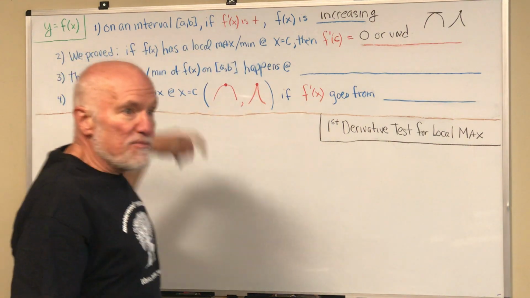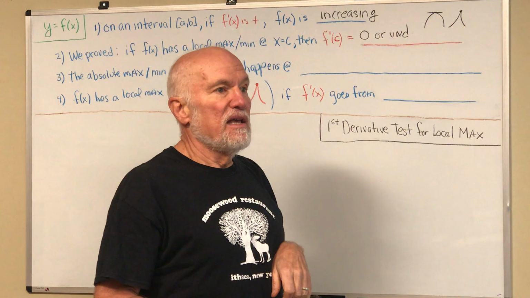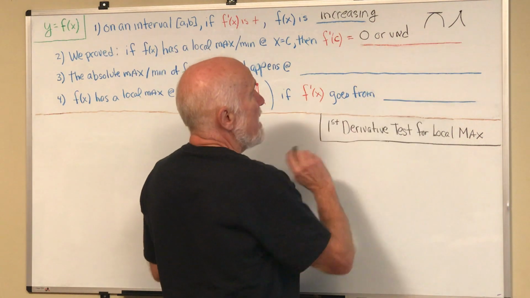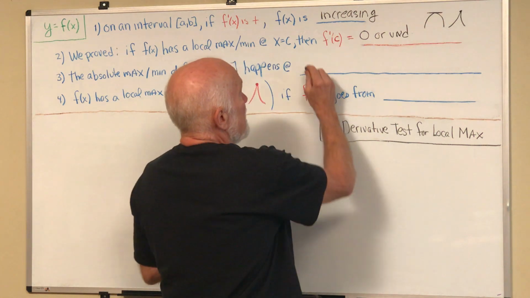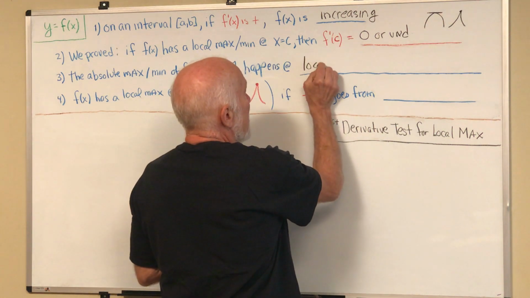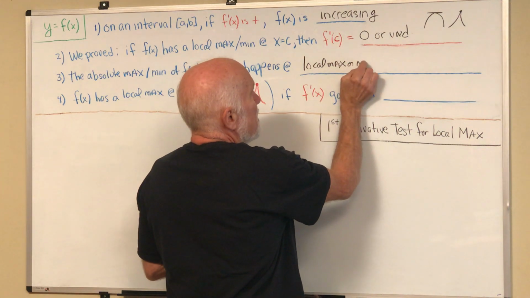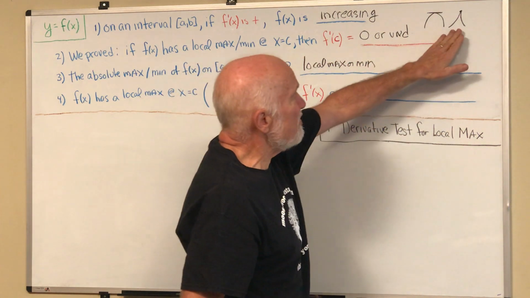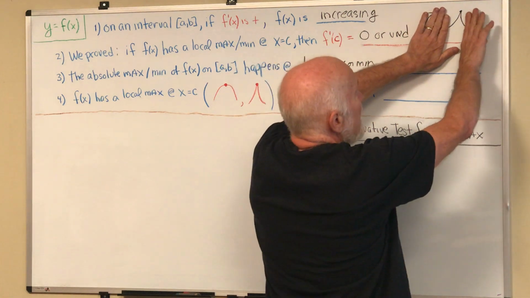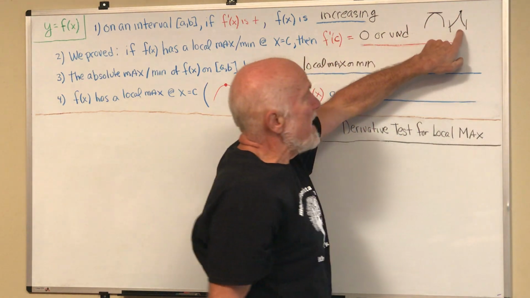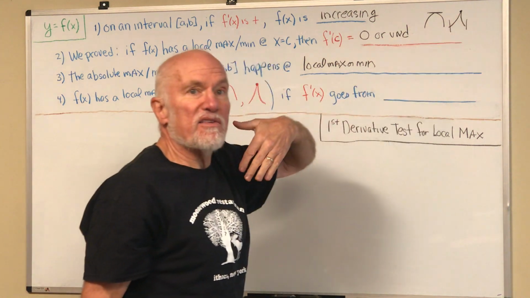Then, the absolute max and min, we found out, is either going to happen at a local maximum or minimum, so it could happen there, or possibly, if this was the entire domain from here to here, the absolute max would be the same as the local max.